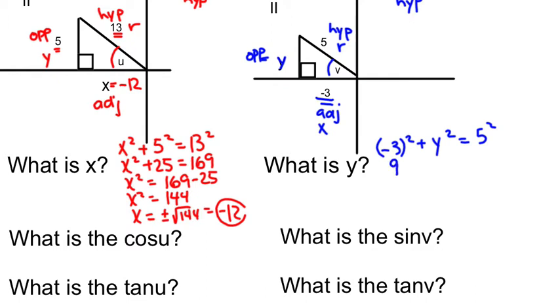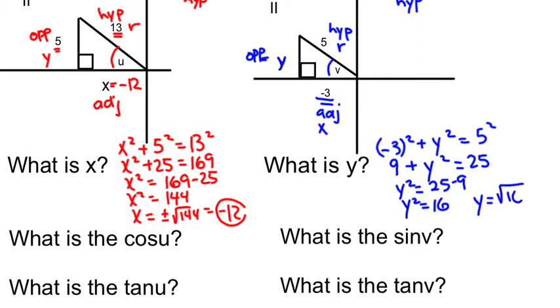So -3 times -3 is 9, plus y squared, equals 25. Subtract 9 from both sides, and we get y squared equals 16. The square root of 16 gives you plus or minus 4. Now let's look at the quadrant. For quadrant 2, our y has to be positive. So we have a positive 4.